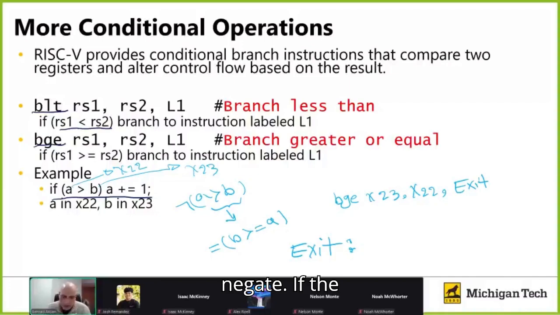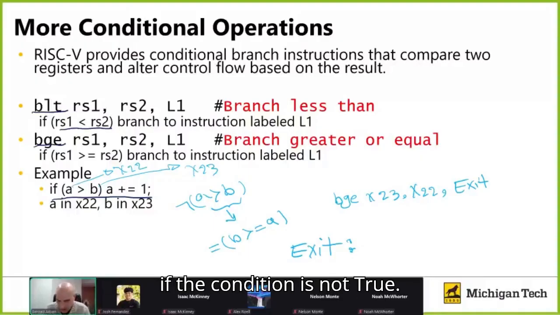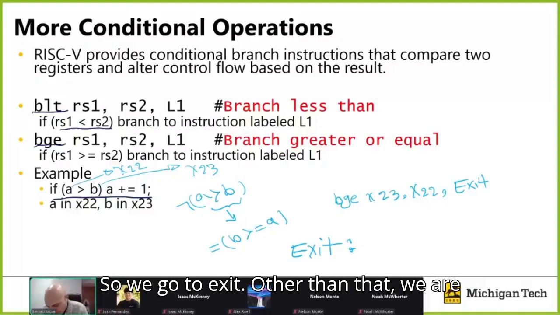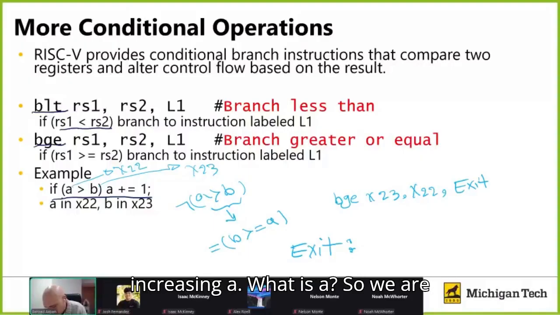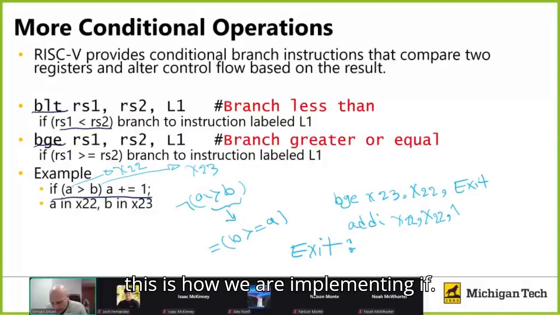If the condition is not true, we just get out, because we don't want to go into the body if the condition is not true. So we go to exit. Other than that, we increase A: we add immediate 1 to A, which is x22, and put it in x22. That's it. This is how we implement if.